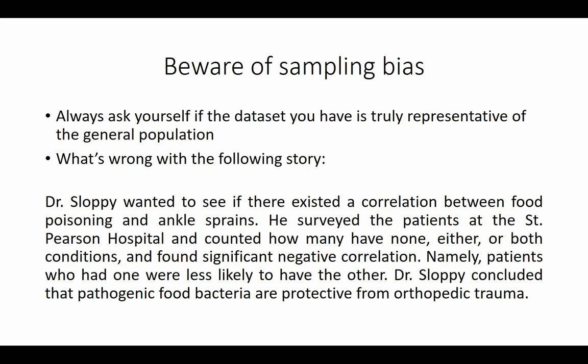By the way, it's a very, very common phenomenon that epidemiologists observed, that within hospitals you tend to have very strong negative correlations between conditions, exactly for this reason, even for conditions which in real life have nothing to do with one another. And when put out of context, this can really be very confusing.